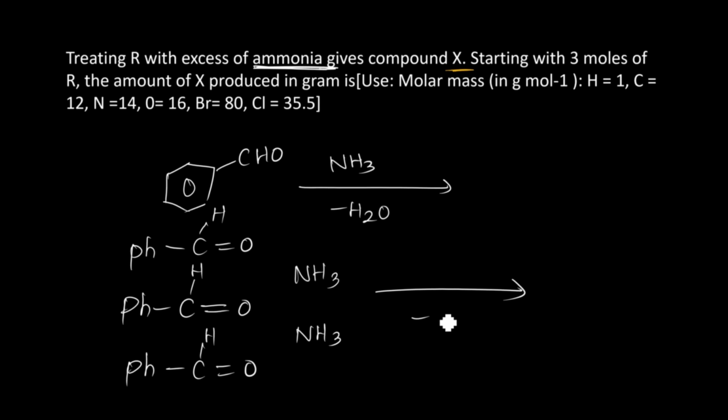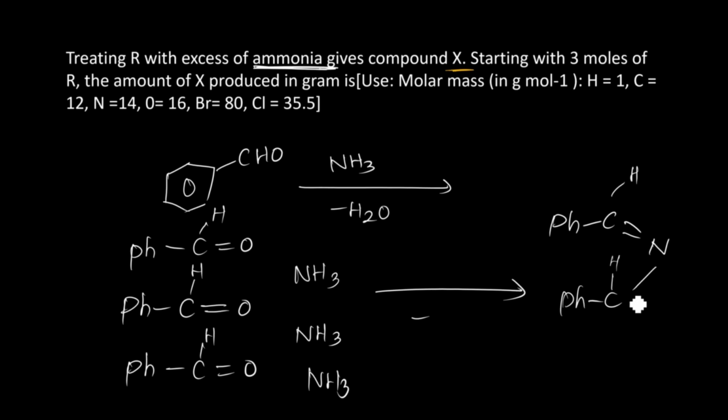It will remove the water molecules and form PhCH=N, CH, N, PhCH. Okay, so this is sorted. What they are asking is, from 3 moles of R, the amount of X produced in grams.